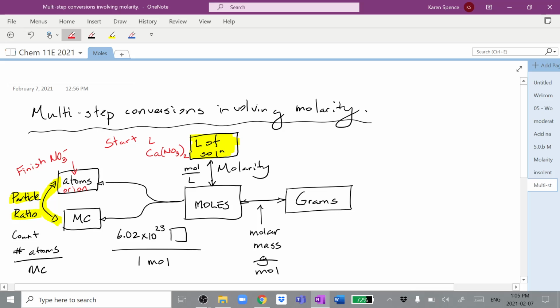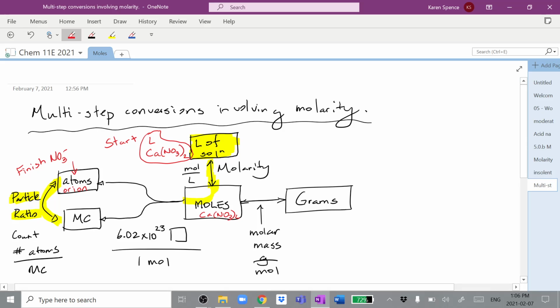That means that the route I need to take is to go from liters of calcium nitrate to moles, and then from moles to, what do I have moles of? If I have liters of calcium nitrate, that means I'm finding moles of calcium nitrate. And if I have moles of calcium nitrate, that means I must be finding particles of calcium nitrate. I cannot change substances to nitrate until I hit the end of this thing.